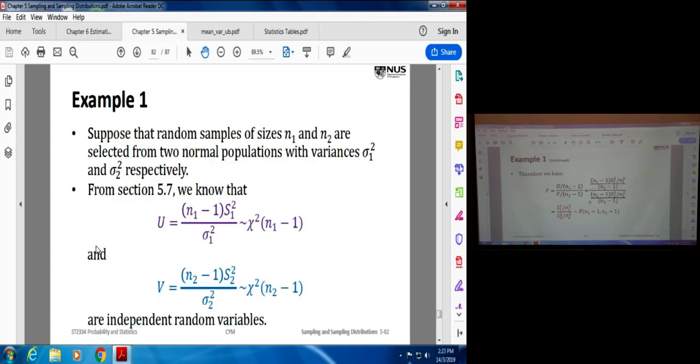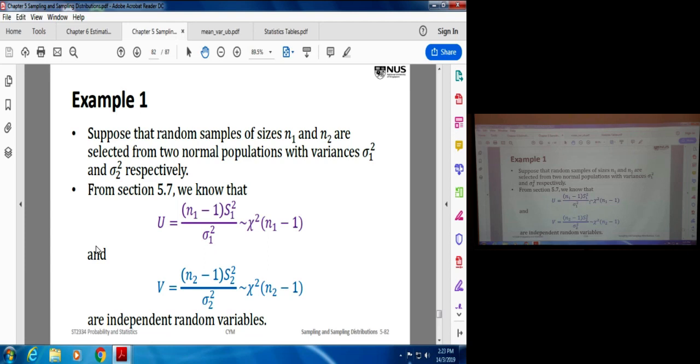So that's this u and v. Those things that I've written towards the left of the board are just u and v if you can't read them. And they're independent random variables: independent chi-square with n1 minus 1 degrees of freedom and chi-square with n2 minus 1 degrees of freedom. What's the interesting point here?